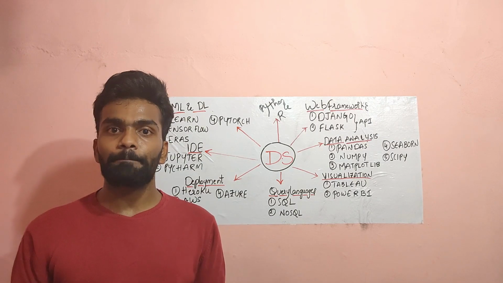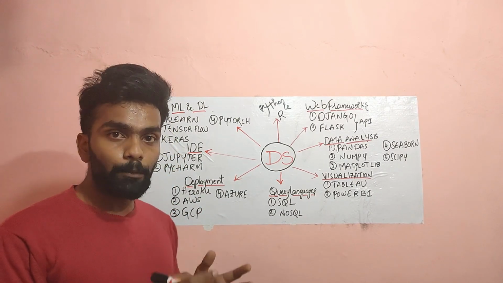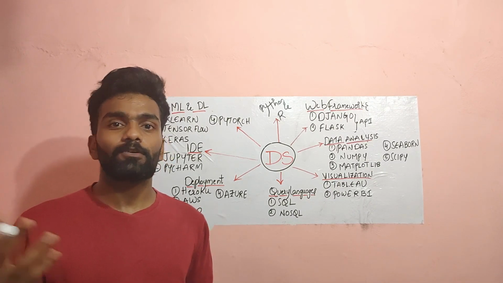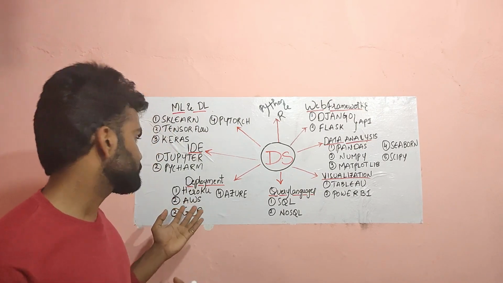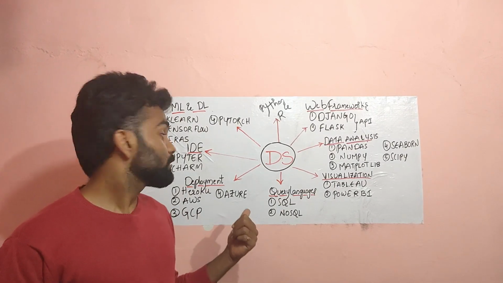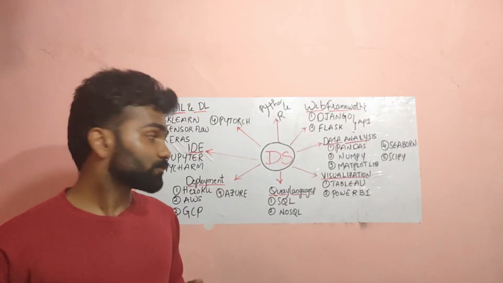That's the main agenda. So definitely we have to deploy our model to cloud platforms. So we have to learn those, like Heroku, Amazon Web Services, GCP, Google Cloud Platform, and Microsoft Azure. So that's it for deployment.